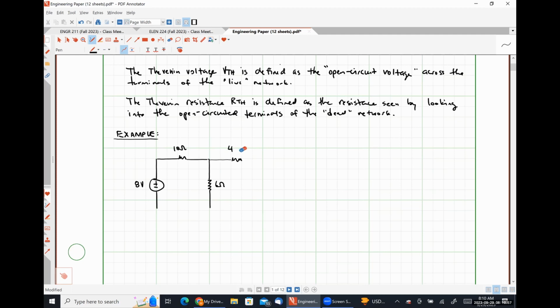That ohm sign looks funky. And a 2-amp current source, like so.